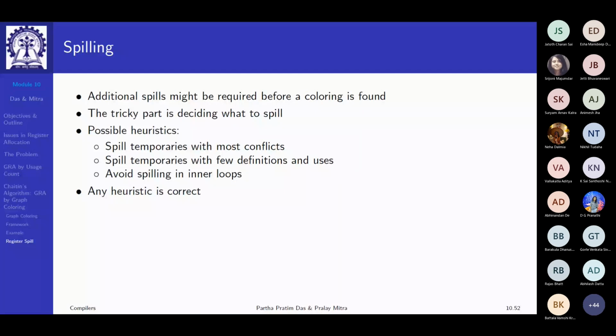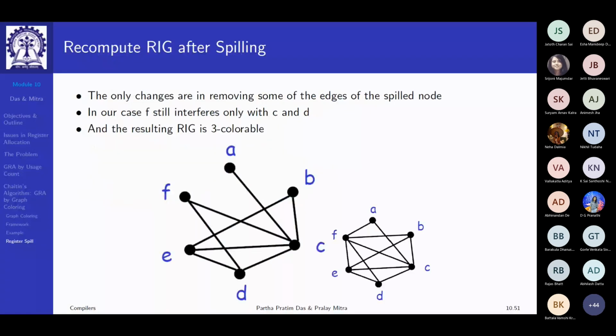Now, naturally, there is a question. Let me just go back. If you look into the original graph where we were unable to do a 3 coloring, the question is which of these different nodes should I spill? Now, we did spill F. We could have spilled E also. We could have spilled C also.